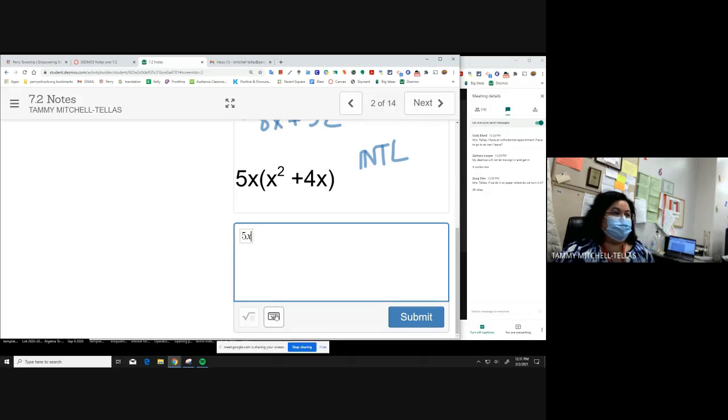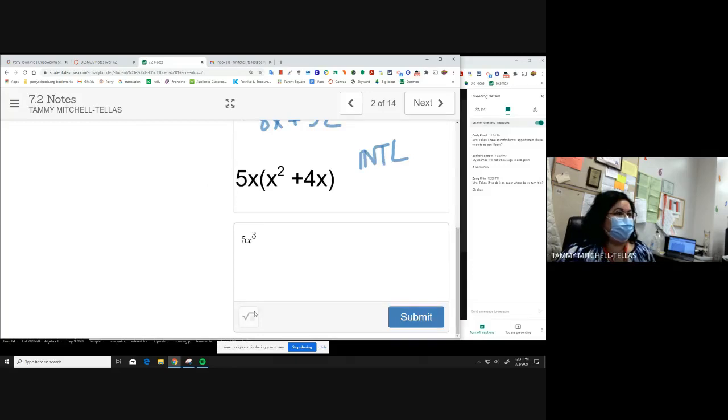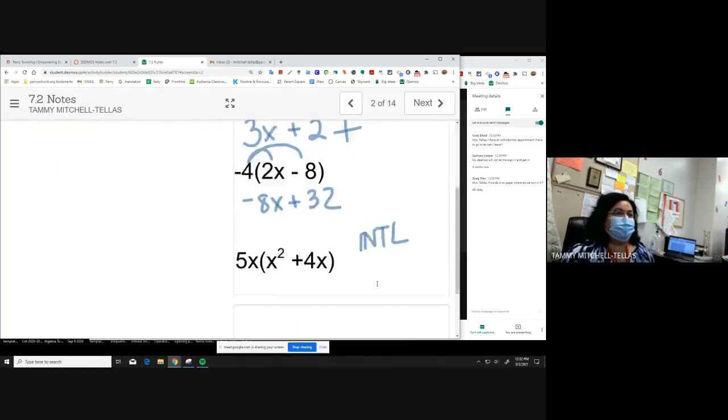And then if I go to the keyboard, I can click the exponent to the 3rd. This little math type right here gives me a way to type the exponents as well, if you want to do that. You can also just write it. And I'm not sure about the typing up here, if that happens up here or not. We'll find out.